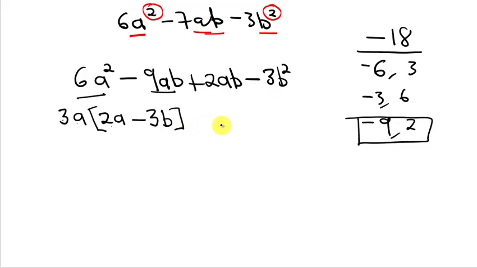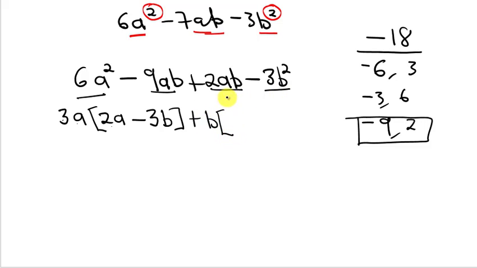You take the next two terms. We have 2ab minus 3b squared. What is the common factor there? Once again, can you guess? In this case, it is positive b, because b is common. 2 and 3 have no common number between them, but this term has b and this term too has b, so b comes out.